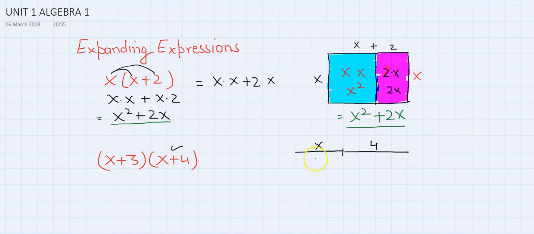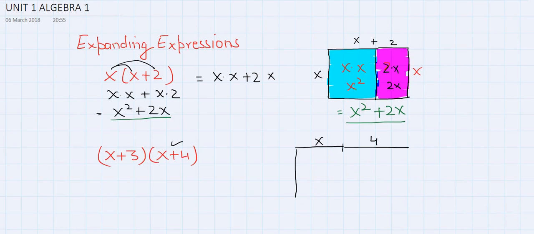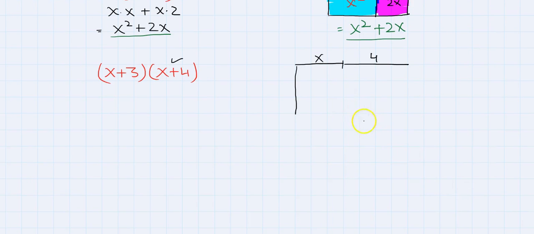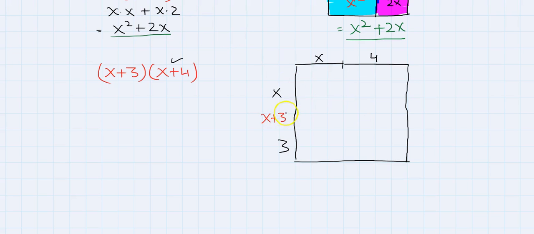Now x plus 3. This is x, and this is 1, 2, 3. This is x and this is 3. So now you can see that this side is x plus 3 and this side is x plus 4.